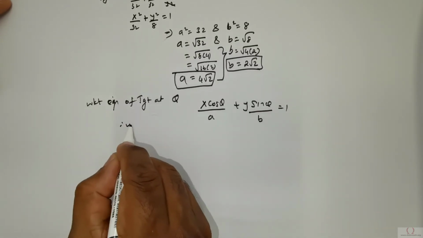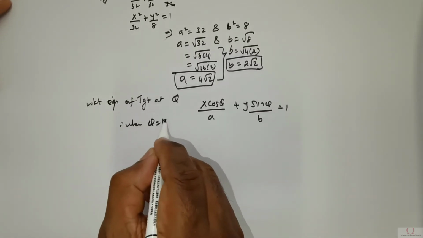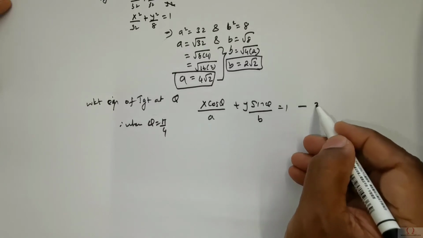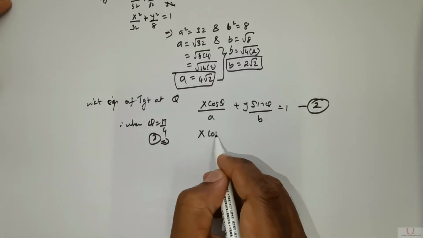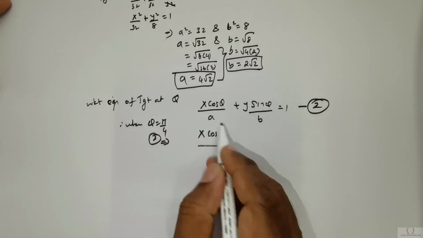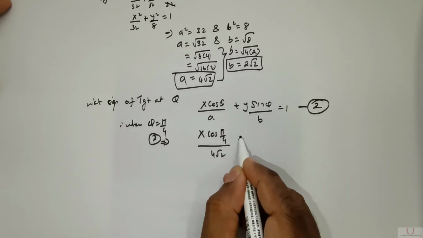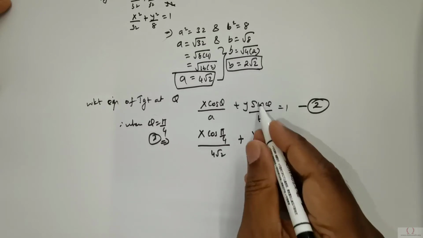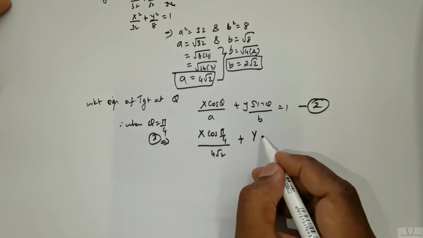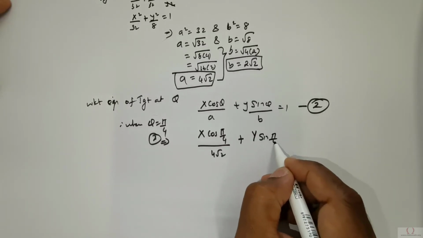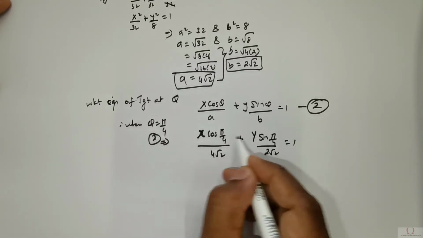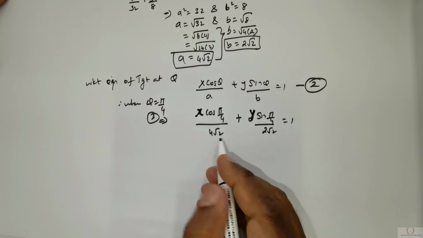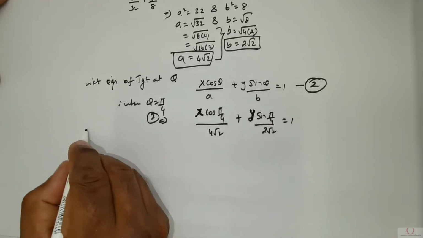So when θ = π/4, this can be rewritten as x cos π/4, the value of a is 4 times root 2, + y sin π/4 divided by b, which is 2 times root 2, equal to 1. Of course, this is all lowercase. That's important.